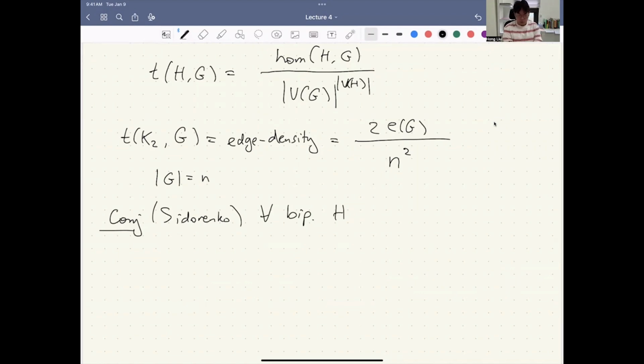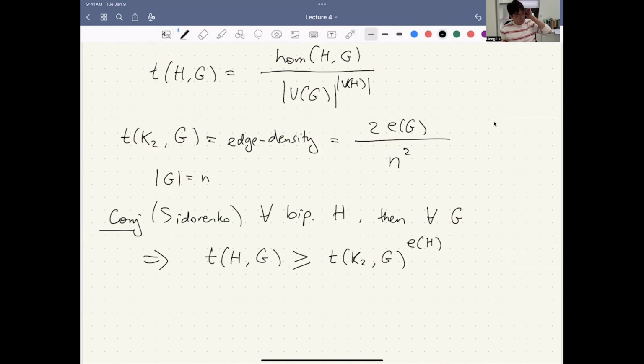In other words, if I have a bipartite graph H, then for any graph G, we have that the H density in G is at least the edge density of G raised to the power e(H). Okay.